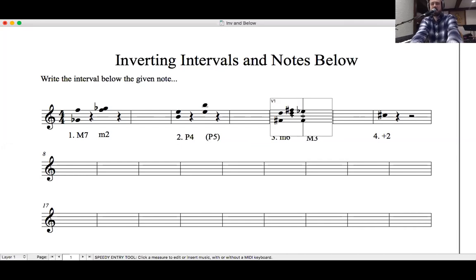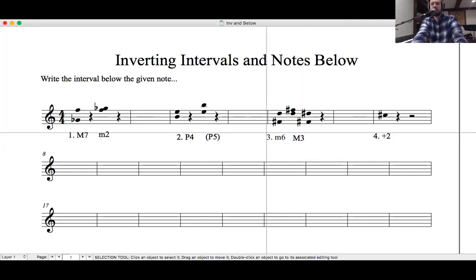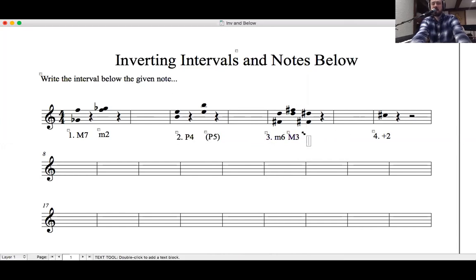There we go. So F sharp to D sharp is a major sixth because it's in the key signature, right? F sharp to D sharp. This is a major sixth, which means that F sharp to D natural is a minor sixth. See, you can always check.